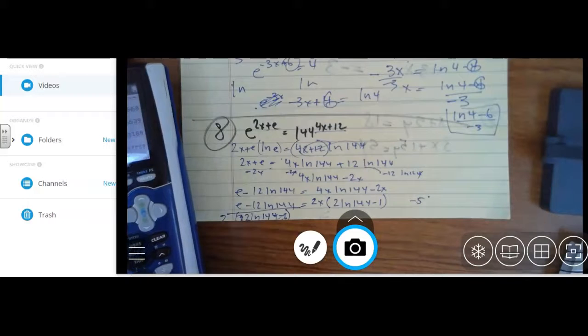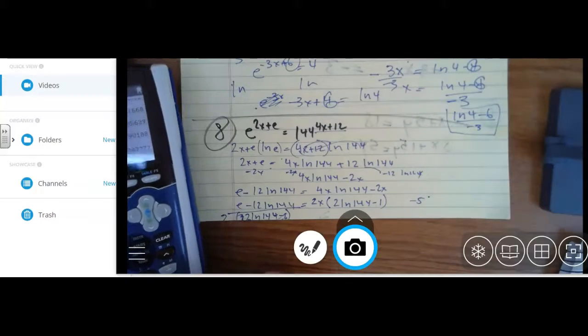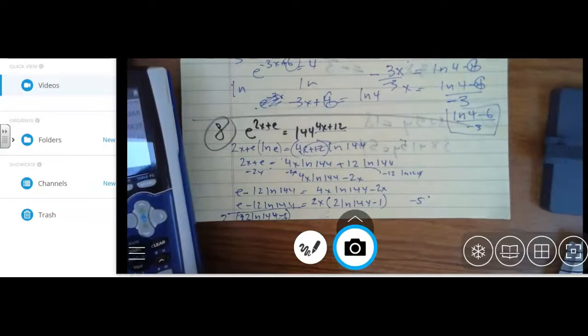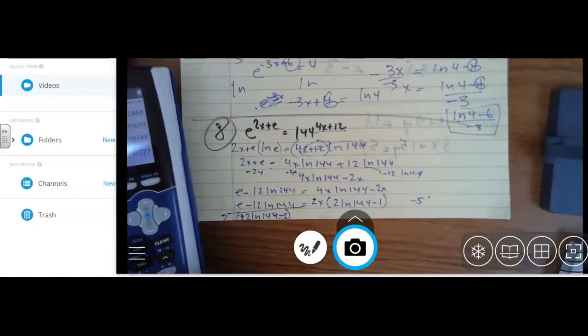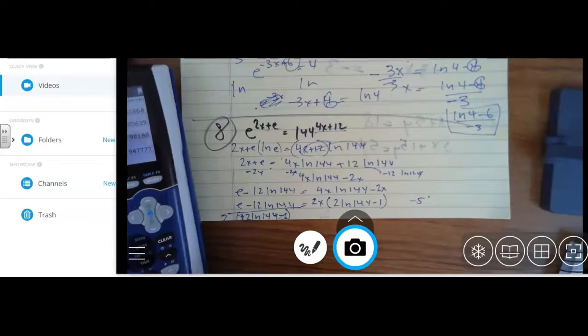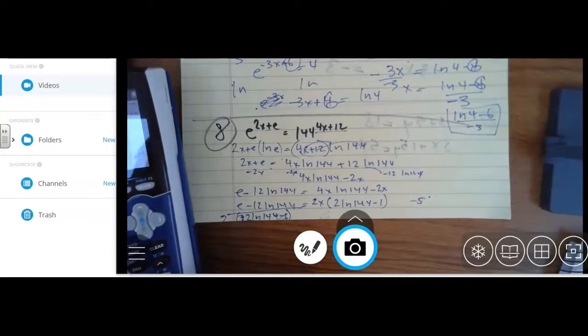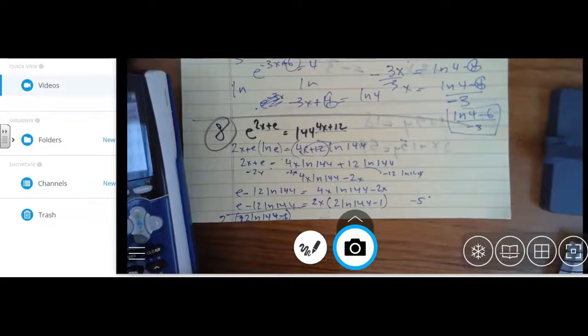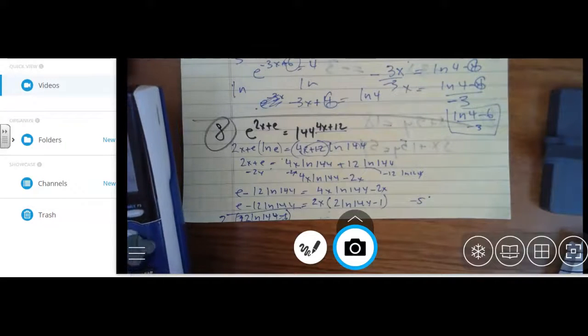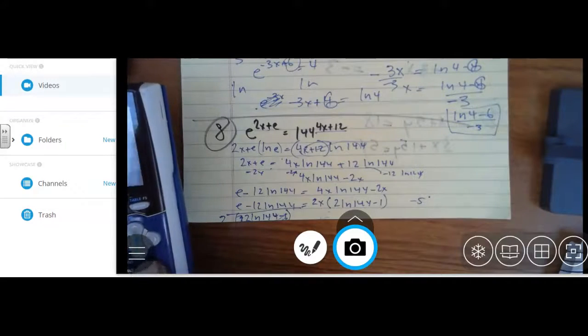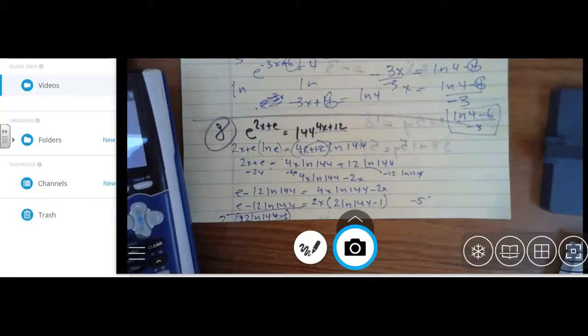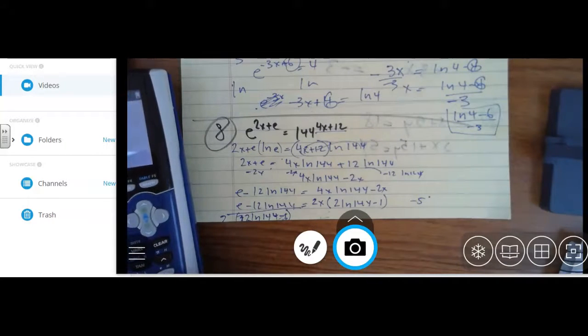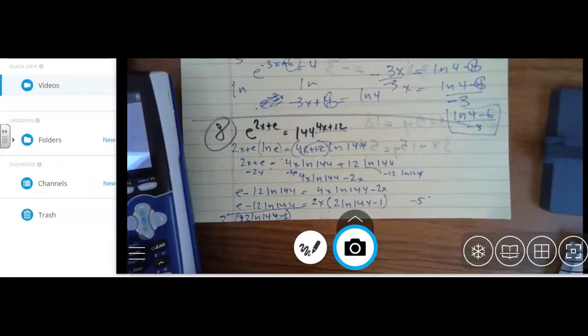Okay, then I'm going to have 2 times 2 ln 144 minus 1 close parentheses equals, take that back. So it's going to be 2 ln 144 minus 1, equal to 0.9.